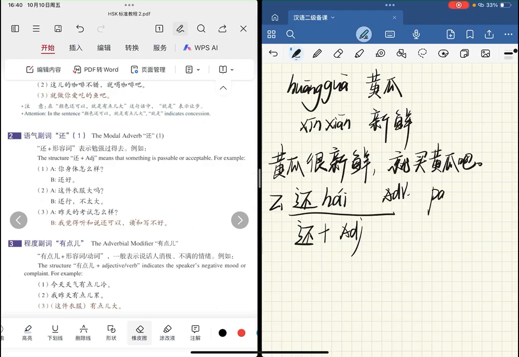The 还 means possibly, or fairly, or not bad. So this structure means that something is possible or acceptable, acceptable but not perfect.